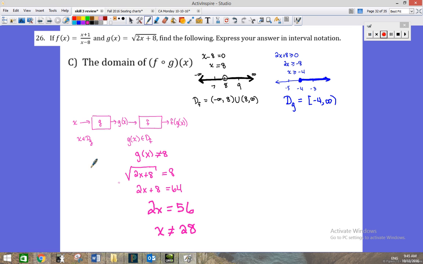So let's come back to the domain of g, which we knew was all real numbers greater than -4. And 28 is greater than -4, and we have to exclude that. So this domain of g gets that added restriction in order to prevent f from ever seeing the number 8, because I know that g of 28 is equal to 8.